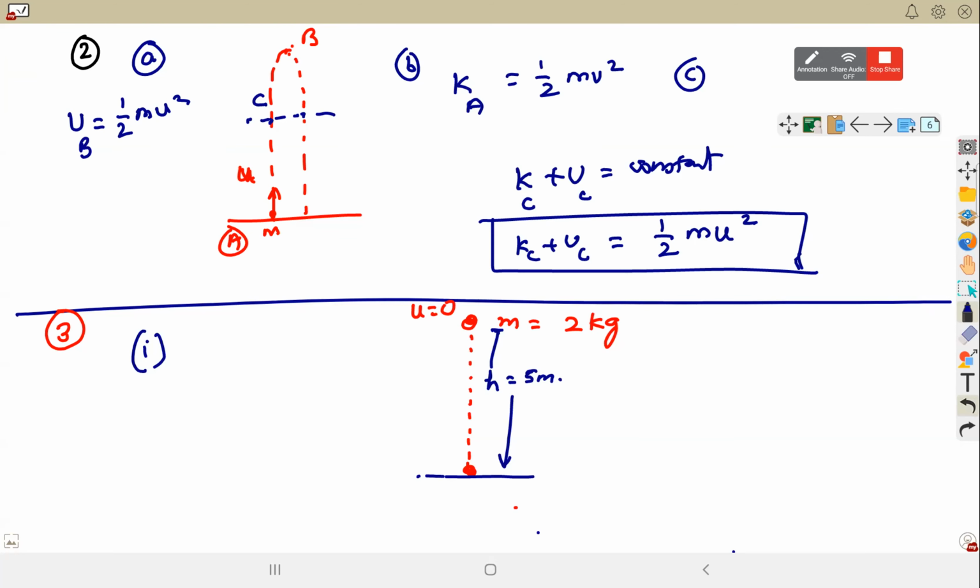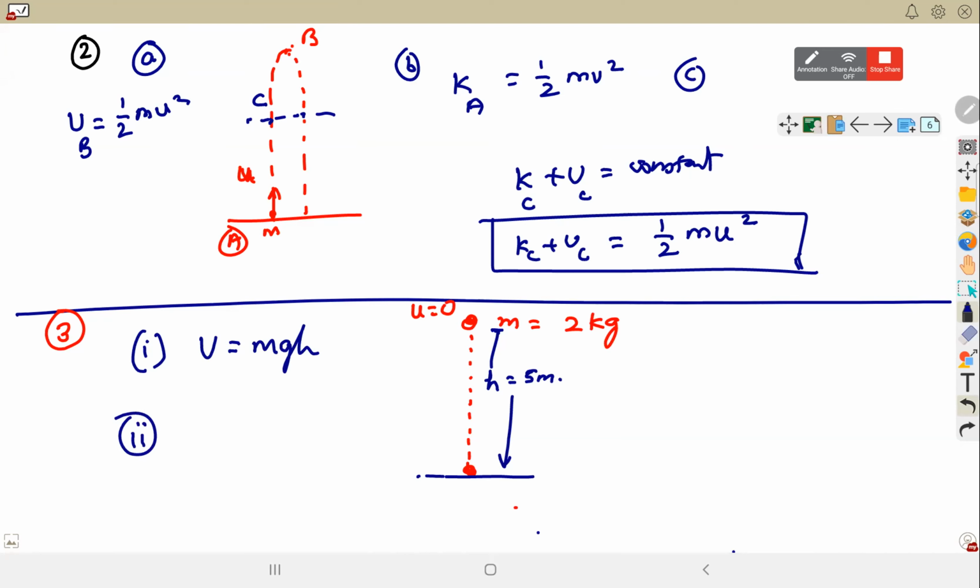How did you get it as 100? So you multiply 2 into 5 into 10. The question is asking the potential energy possessed when it's initially at rest. Okay, it is mgh, right? Yes, sir, 2 into 5 into 10. Yes, so you have to give me this formula that you are using.